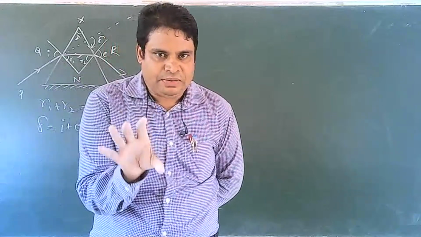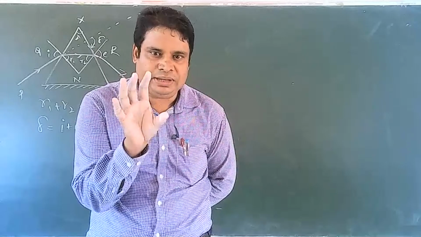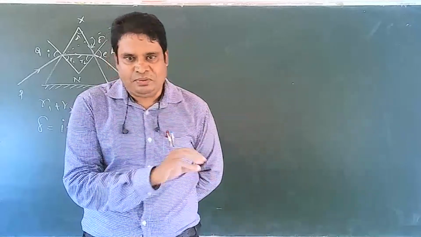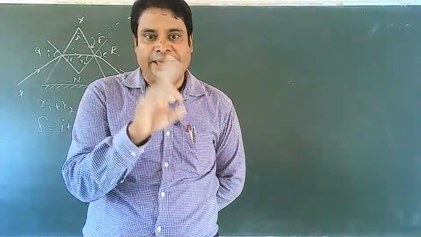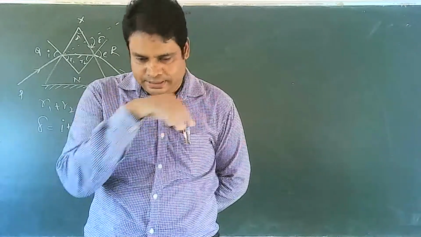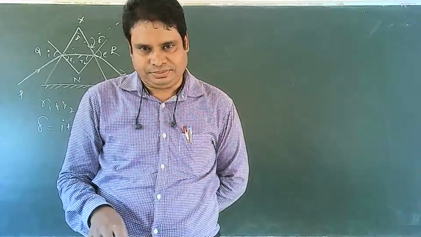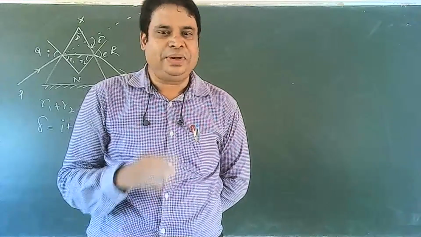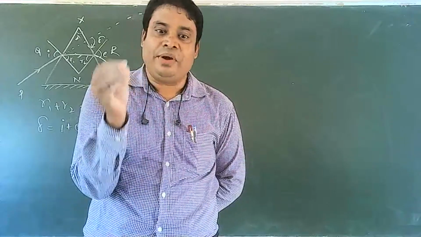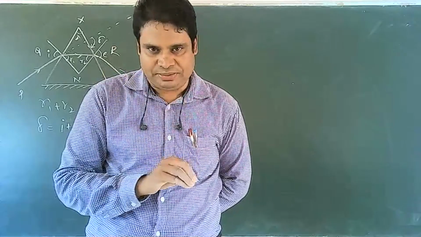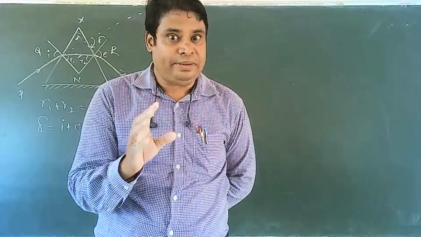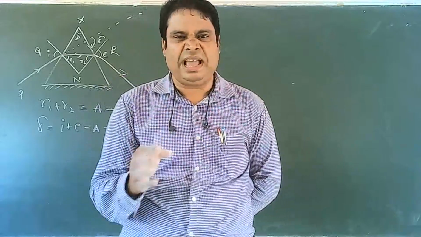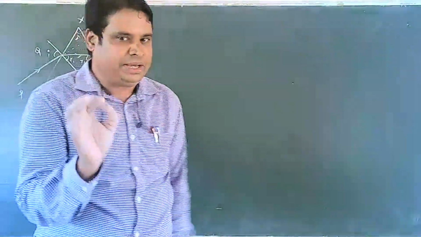Let me repeat. In our physics lab, you have one optics experiment where you draw a graph of angle of incidence versus angle of deviation. Then you get a graph from which you calculate the angle of minimum deviation. Very interesting and important practical. There we will explain exactly what we have done.